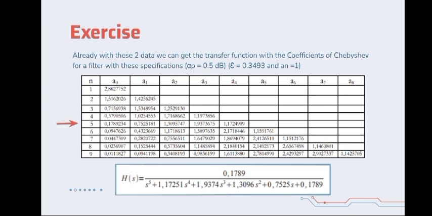Already with these two data, we can get the transfer function with the Chebyshev coefficients for a filter with the specification of maximum attenuation of 500 millidecibels and a ripple of 3049 millis, and this will be a transfer function of fifth degree.